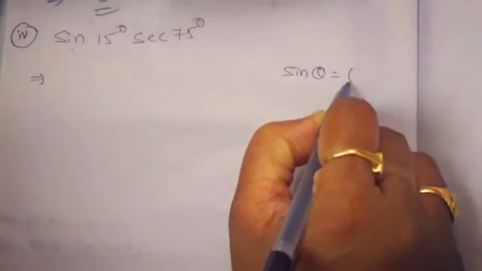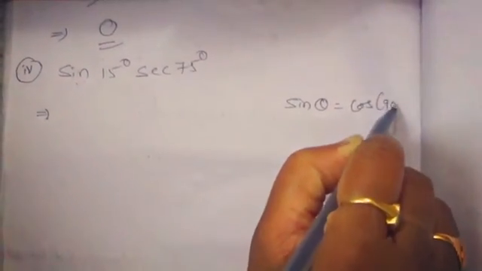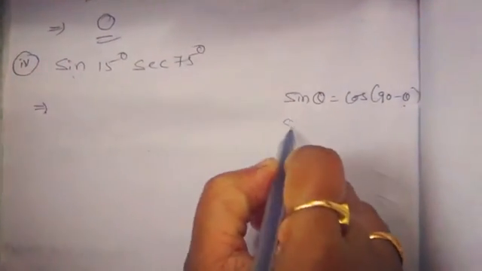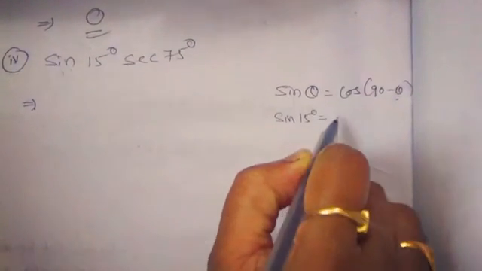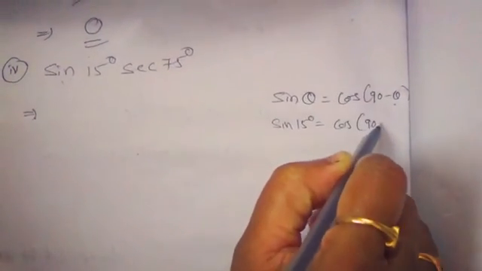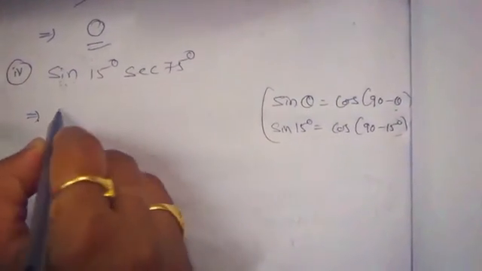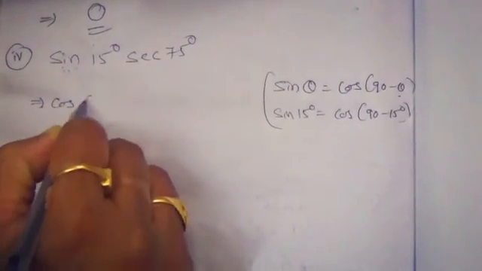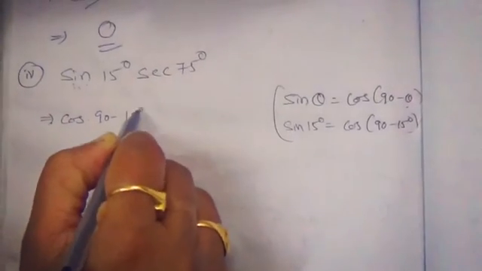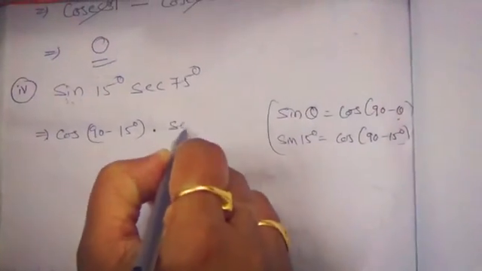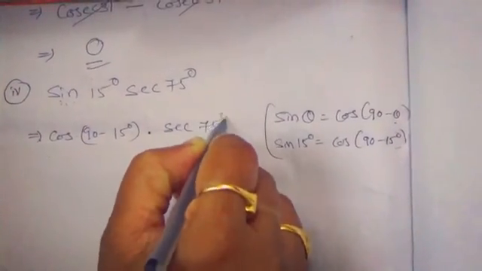Here sine theta is equal to cos(90 minus theta). Just like that, sine 15 degrees is equal to cos(90 minus 15). So in the place of this sine, I am writing cos(90 minus 15) into secant 75 degrees.